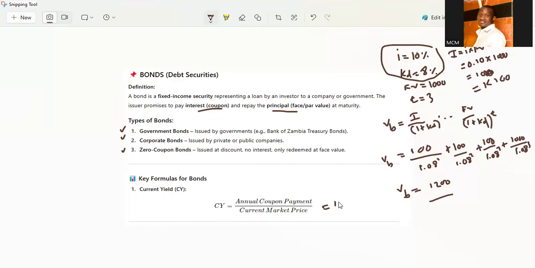So 100 kwacha over 1,200, times 100, is the computation of the current yield. It gives you the actual interest that is enjoyed on the bond itself.